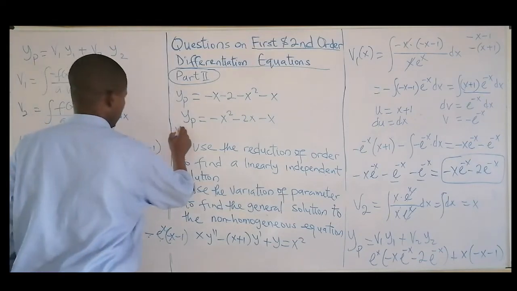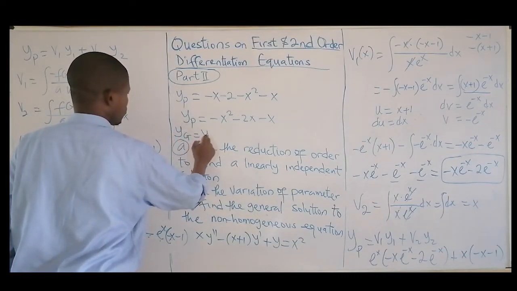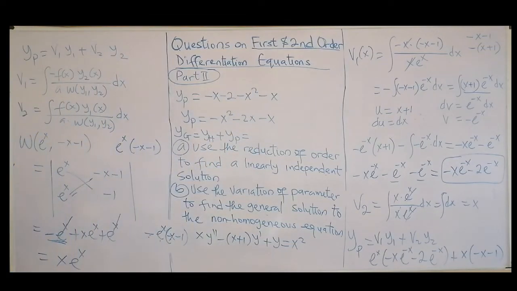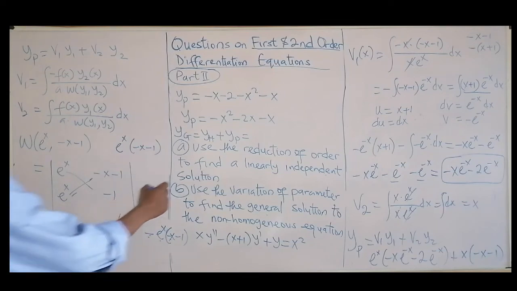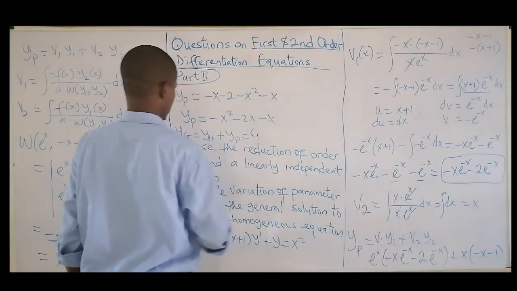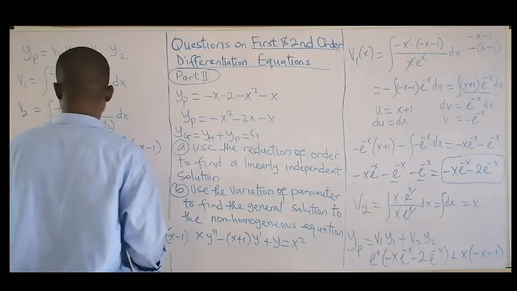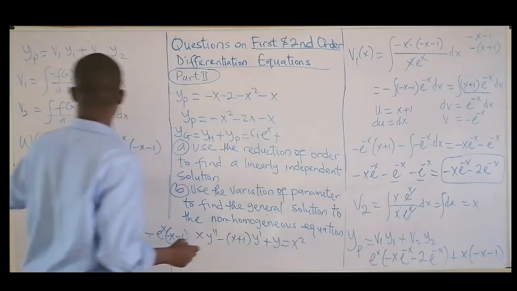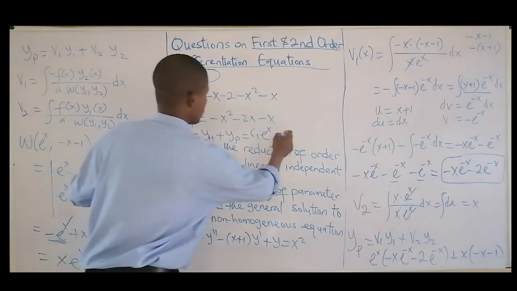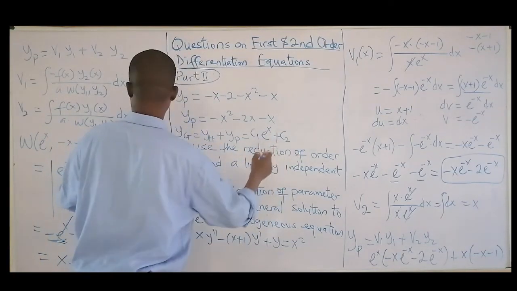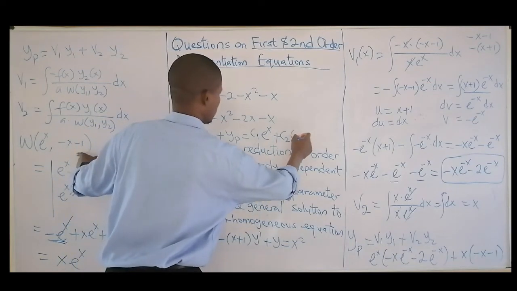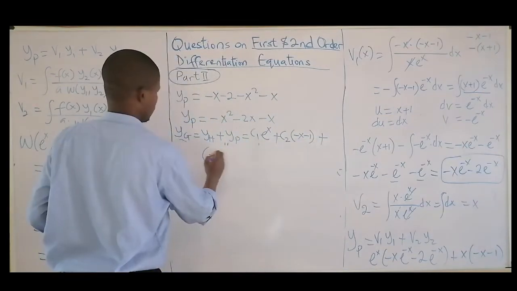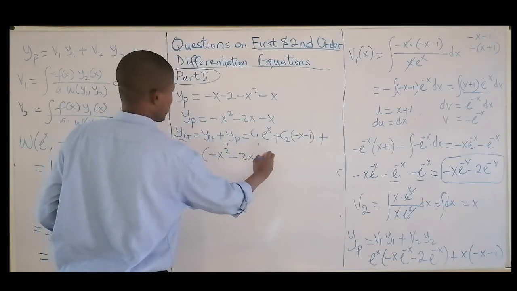So the general solution will be equal to the homogeneous part plus the non-homogeneous part. Okay, and then we have the expression for that. I think I cleaned it up, which is what? C1 y1, which is this, plus C2 y2. My y2 is what? Minus x minus 1, then plus the particular solution minus x squared minus 2x minus x.